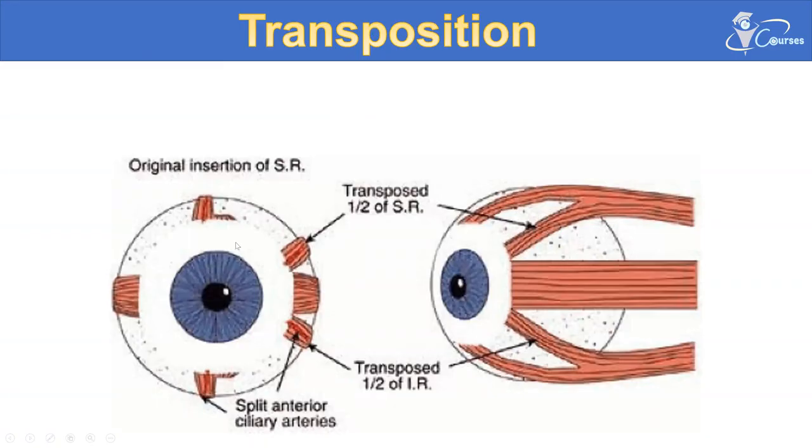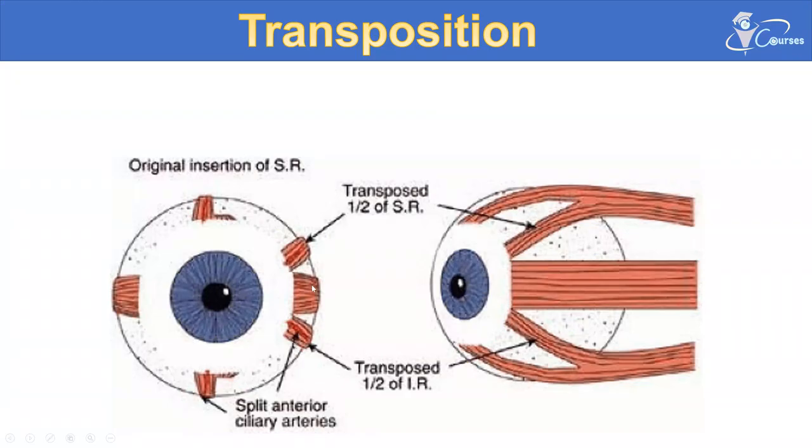Another procedure that we mentioned that is used for paralytic strabismus, especially in sixth nerve palsy, is called transposition. So what is meant by transposition? We do splitting of the muscles like the superior rectus and the inferior rectus. Then we transpose the medial part of the inferior rectus and the superior rectus to the medial rectus, and transpose the lateral part of the inferior rectus and the lateral part of the superior rectus to the lateral rectus.